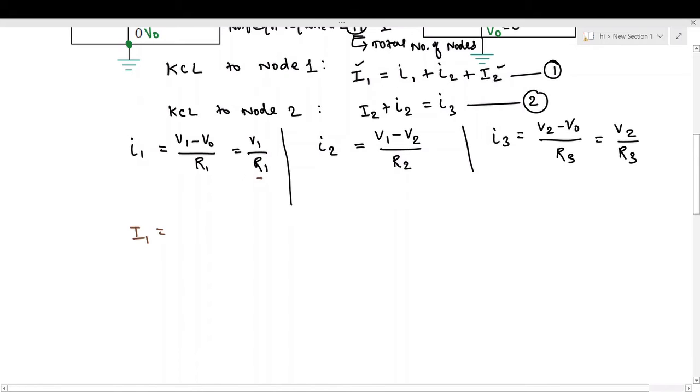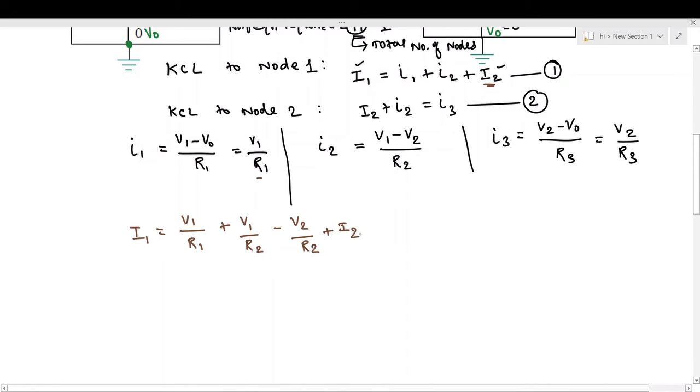Small I1 will be V1 by R1 plus small I2. Small I2 will be V1 by R2 minus V2 by R2, and capital I2 will be as it is.